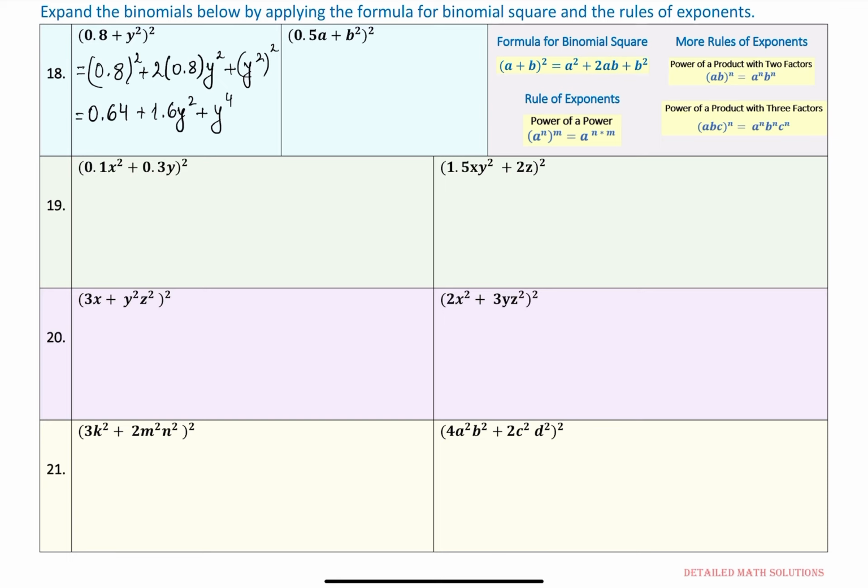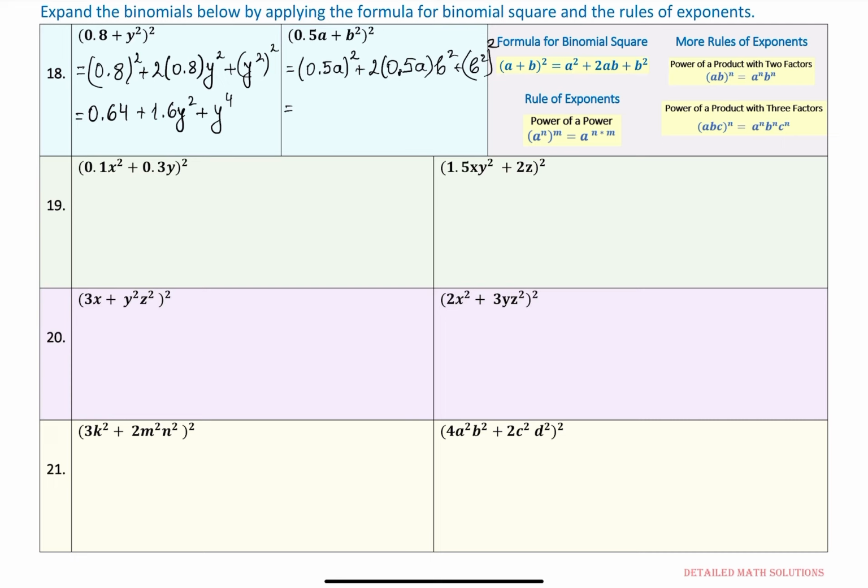(0.5a + b²)². This equals first term squared, (0.5a)², plus 2 times 0.5a, first term, second term b², plus second term squared, (b²)². For (0.5a)², I can use the rule of exponents for power of a product with two factors and distribute the exponent to each factor.